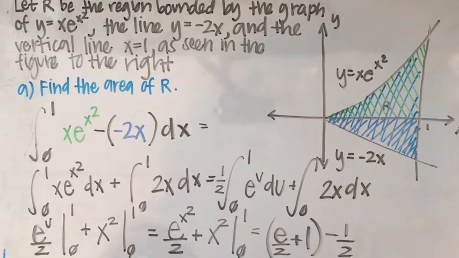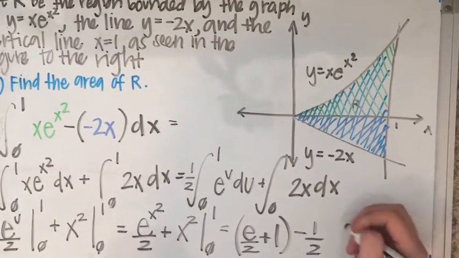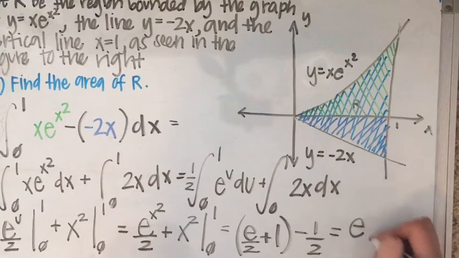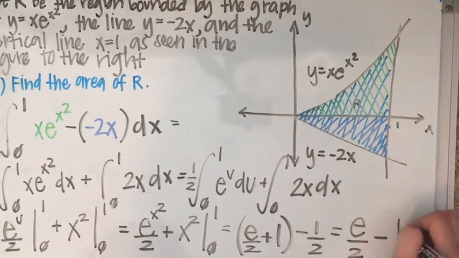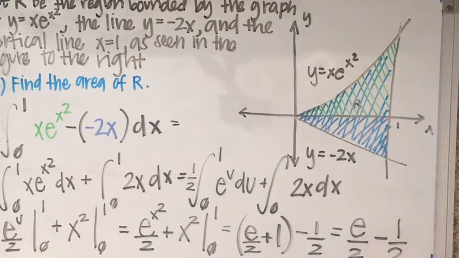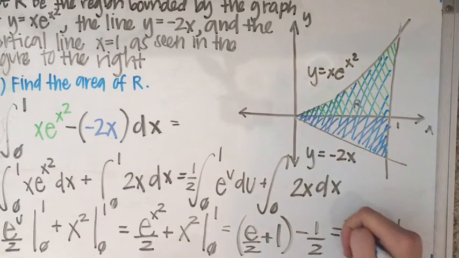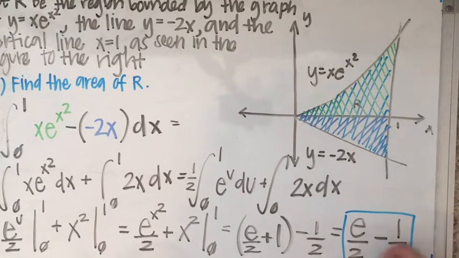And e over 2 plus 1 minus 1/2 is going to equal e over 2 minus 1/2. And that will be the area of R.